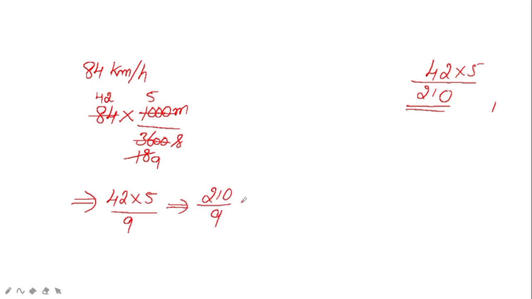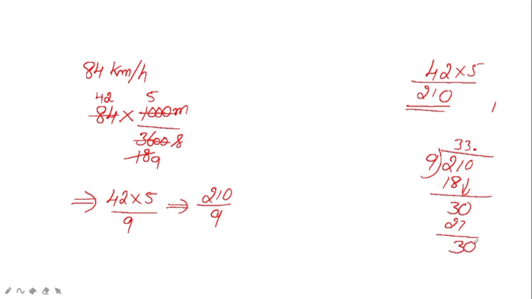So now we have to simplify this. Divide this 210 by 9. Now 9 3s are 27, remainder 3. Then take the 0 here. Again 9 3s are 27, remainder 3. So keep a decimal point, you will get 0 here.